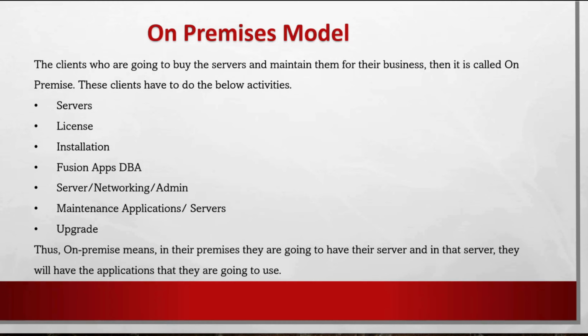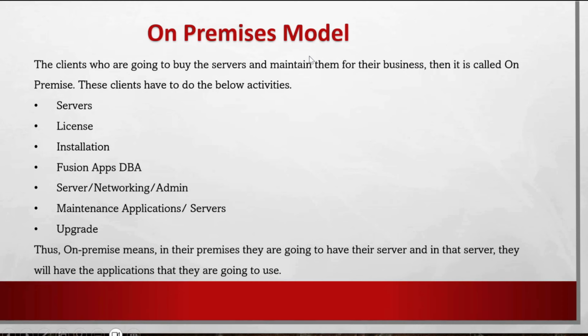Now, a team is also needed to manage these servers, networking, and these administration tasks. They will also have to take care of maintenance of applications and servers. If Oracle comes up with any new releases, then the company has to take care of all the upgrades also. So this is what is known as on-premise.